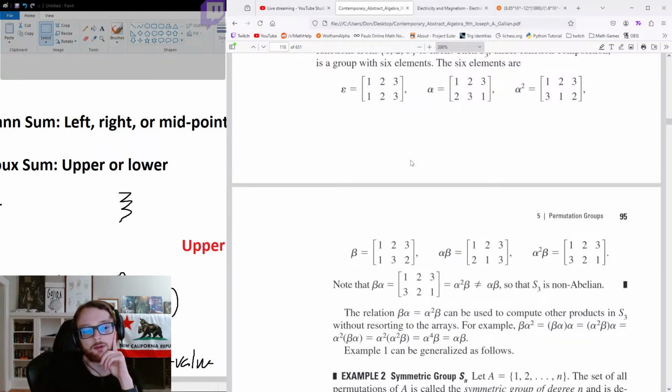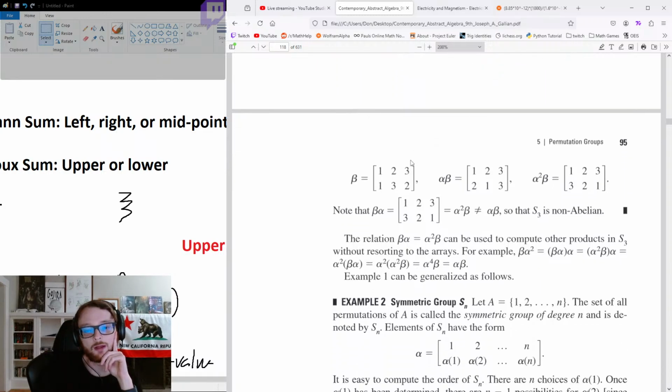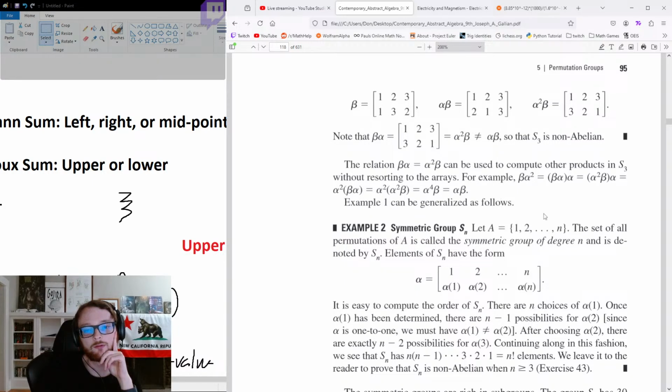It's not abelian. So we're definitely not guaranteed abelianness. The relation beta alpha equals alpha squared beta can be used to compute other products in S3. Beta alpha squared is equal to beta alpha alpha.